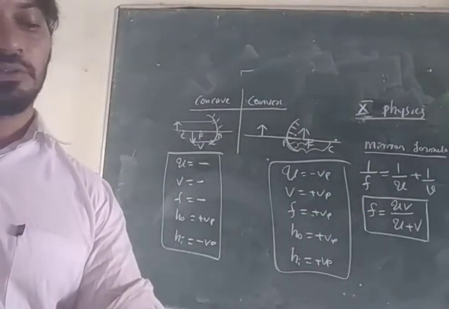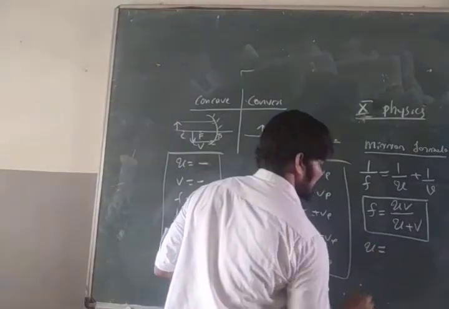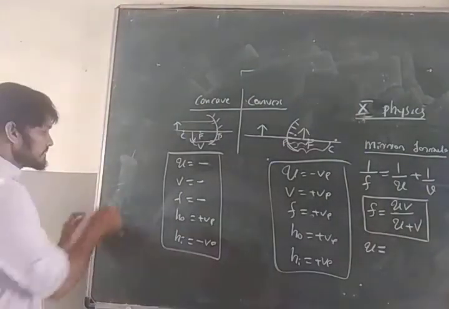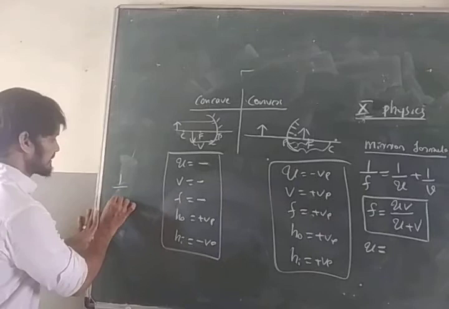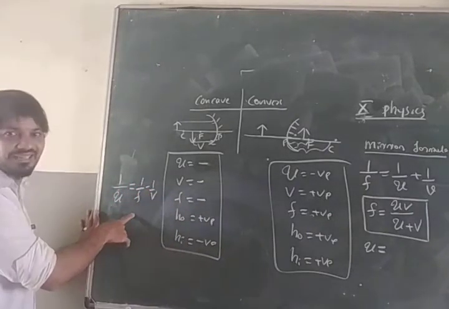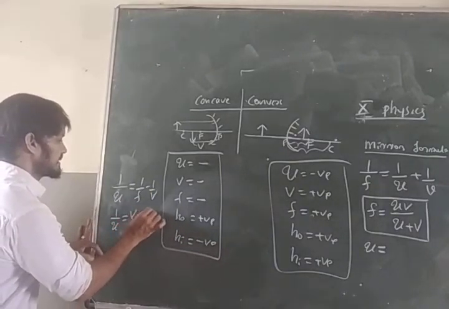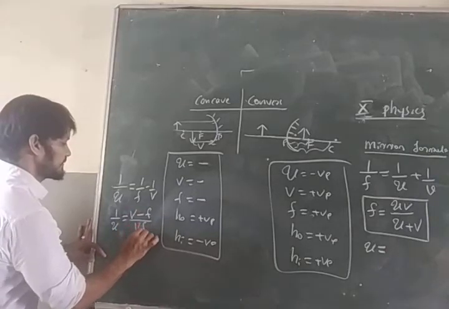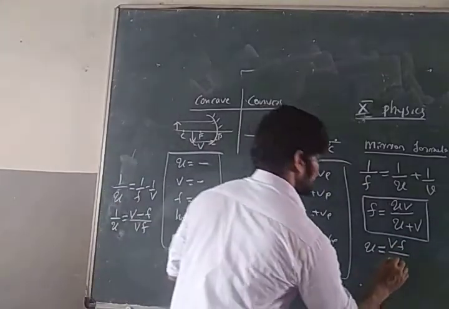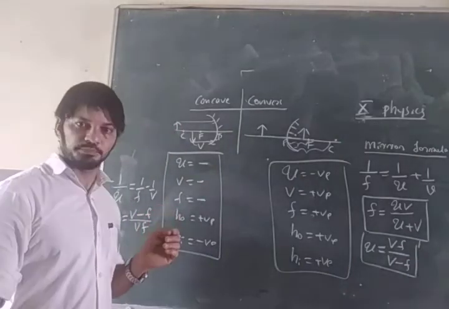Next, how to find U? U is equal to what? Similarly for V. Shortly, I write from the given equation: 1 by U is equal to 1 by F minus 1 by V, which gives U is equal to VF by V minus F. This is the U finding formula.